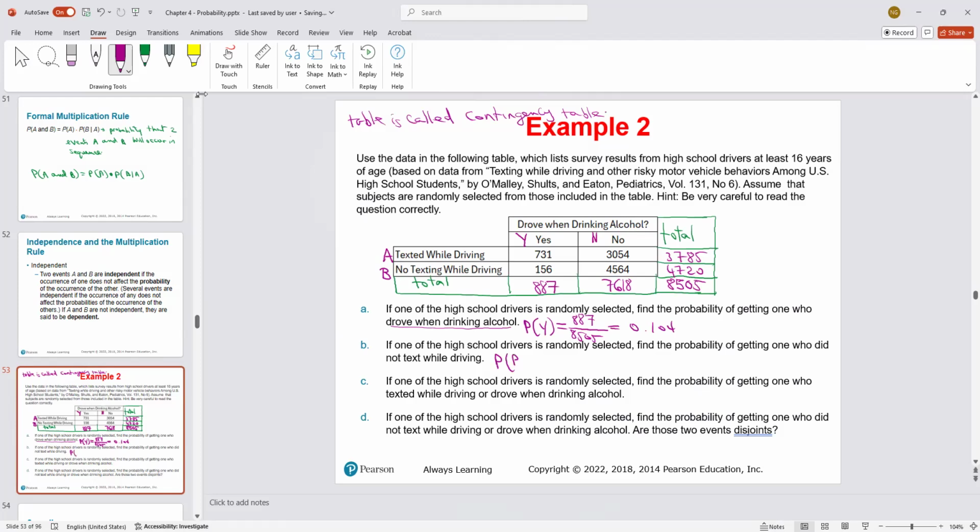I call it B. Did not text while driving. What is the total for did not text while driving? Yes, 4720 over 8505. Express it in decimal: 0.555.